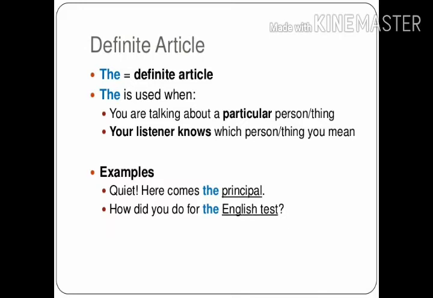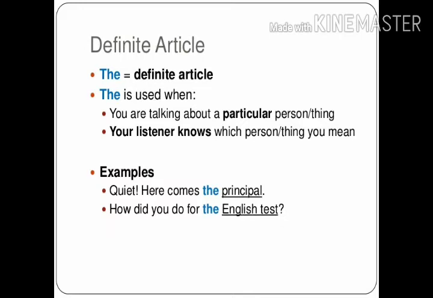As you already know, with a and an the listener does not know about the person or thing, but with the definite article, the listener knows which person or thing we are talking about.